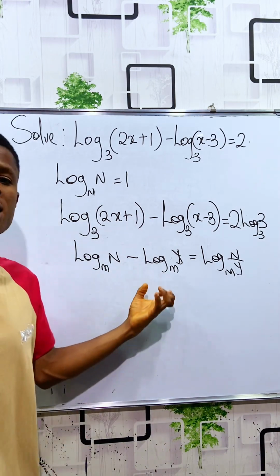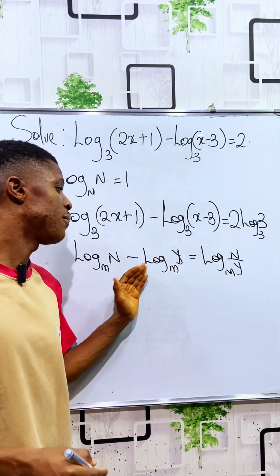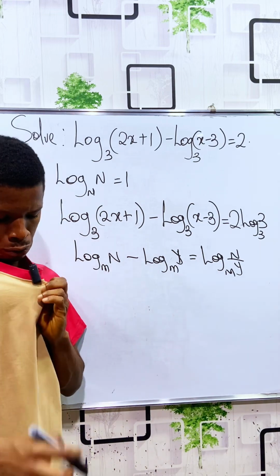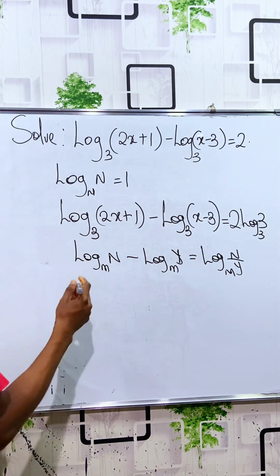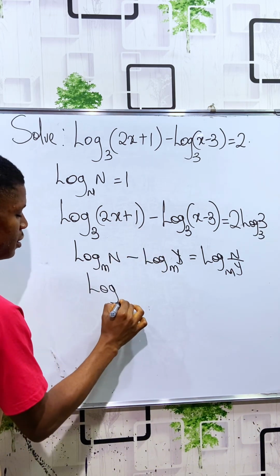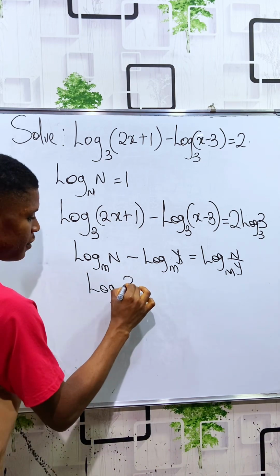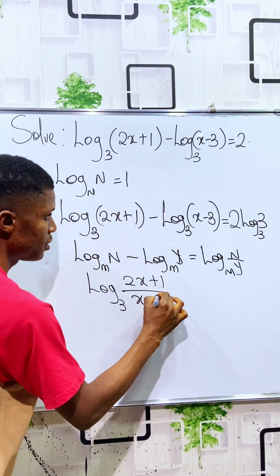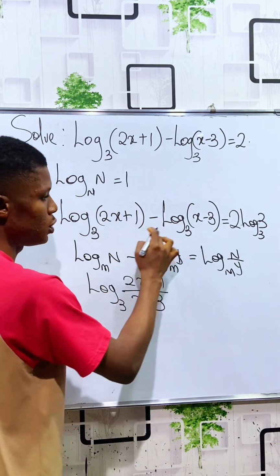When you are subtracting logarithms of the same base, you just have to divide the numbers. So since you are subtracting here, you keep the base the same, base 3. You have it as 2x plus 1 divided by x minus 3, dividing the two numbers.